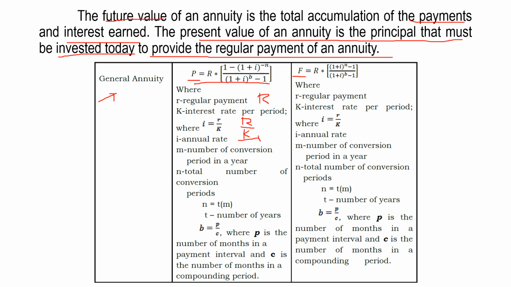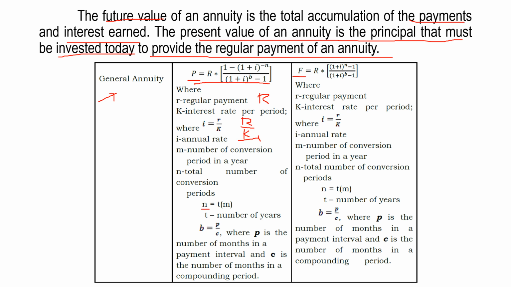That's why if it is compounded quarterly, you need to divide it by 4 to convert it from an annual rate, because there are 4 quarters in a year. m is the number of conversion periods in a year. n is the total number of conversion periods. Again, if it is compounded quarterly, we simply multiply 4 by the total number of years given in the problem because there are 4 quarters in a year.